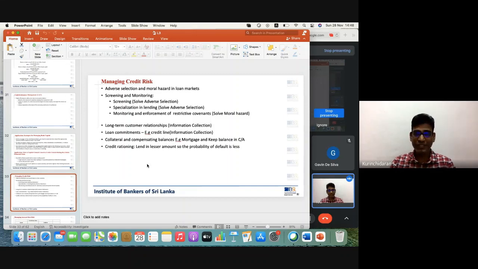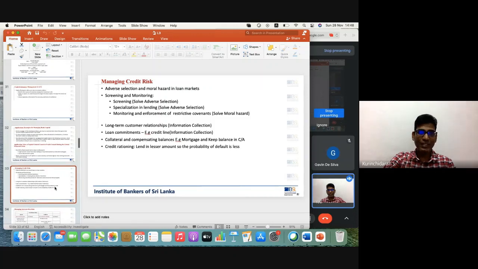Or even if he spends that 5 million, he cannot complete his project, or the project is not going to earn any profit, so again it is a loss to the bank. So in this kind of situation, you always go for a consortium, right? A few banks get together and fund the project. Okay, so that is managing credit risk.